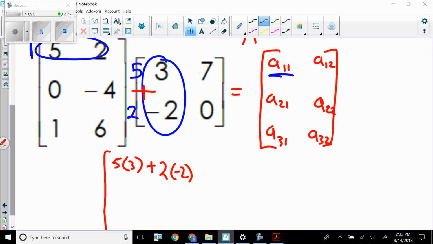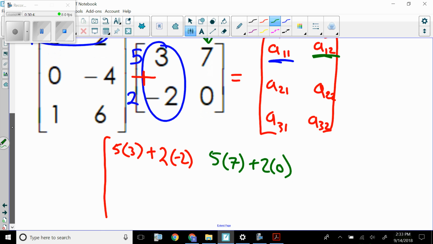I have first row, second column. Well, the first row is still there, 5 and 2. The second column, though, is right here. So I'm taking 5 times 7 plus 2 times 0. And that should do it for the top.